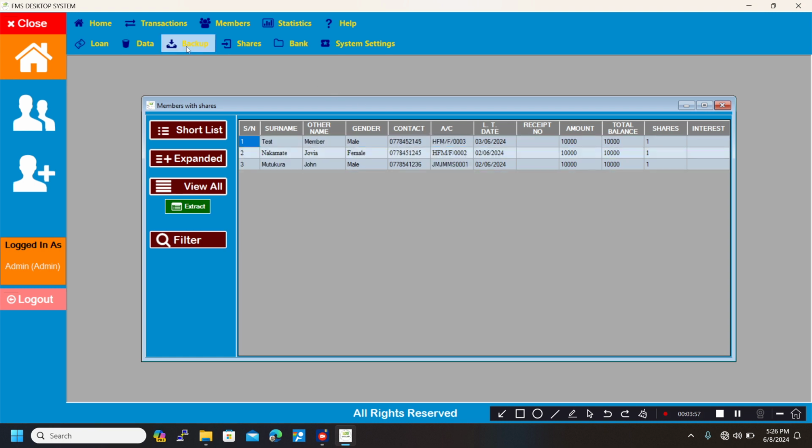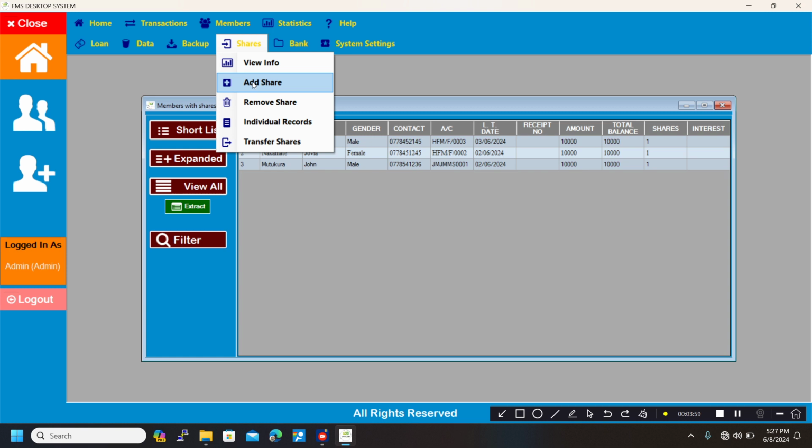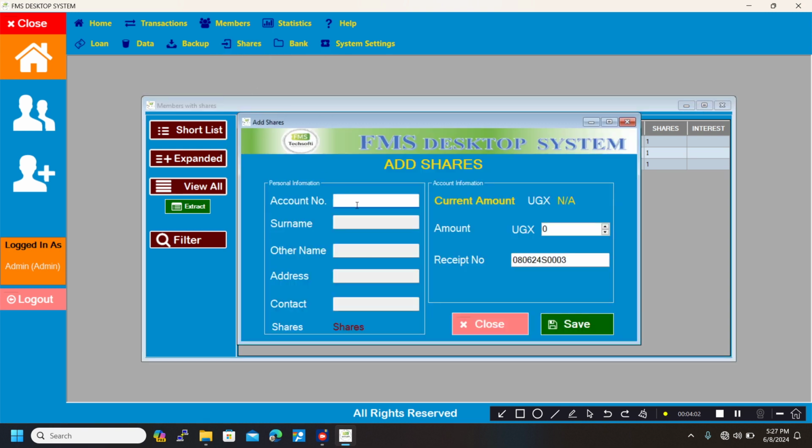So under shares, you can add a share to a given member, let's say Nakamate, and you add by registering the amount. So let's say she has brought 25,000, and this is going to be at 2.5 shares. So you can see the receipt number.